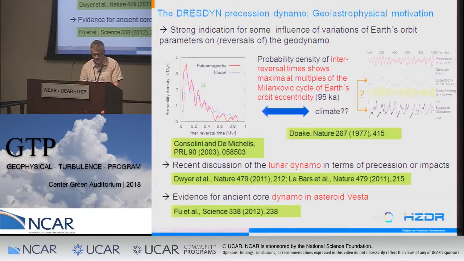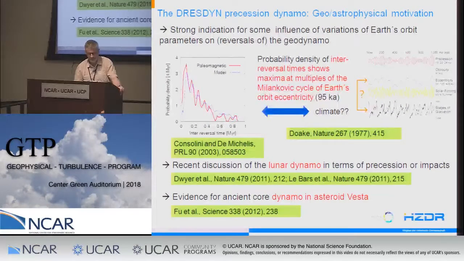Here's a paper by Consolini and De Michelis in PRL 2003, who showed that you have maxima in the probability density of n times 95 kiloyears, and 95 kiloyears is well known to be the Milankovitch cycle of the Earth's orbit eccentricity. This means those orbital parameters play a certain role, if not for the energetics of the geodynamo, but at least for the reversal process, and this is one of our motivations.